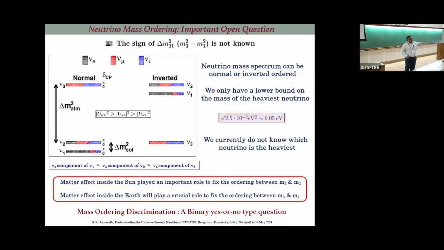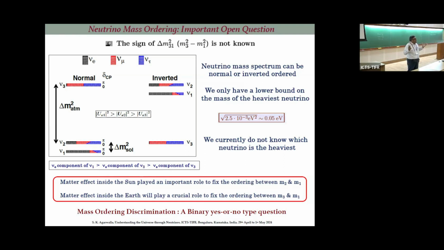JUNO, which is going to start taking data next year, doesn't rely on Earth's matter effect to resolve these issues. If I have time, I will explain how they are planning to measure neutrino mass ordering. They don't rely on theta 1,3 or this Earth matter effect. They have a different way of measuring neutrino mass ordering.